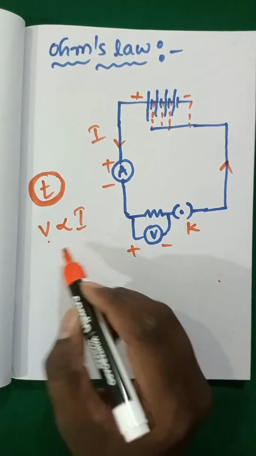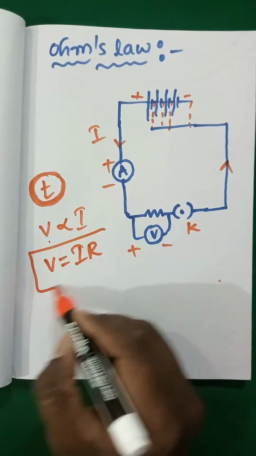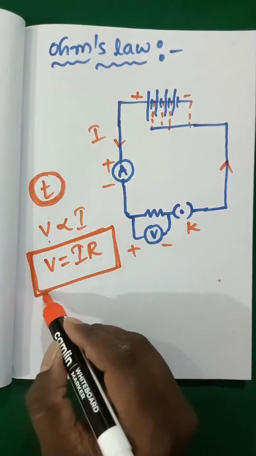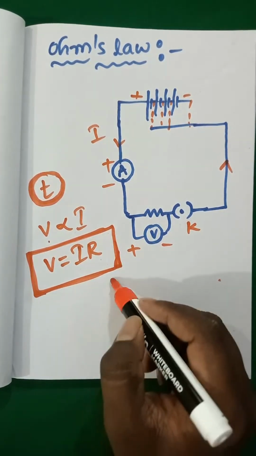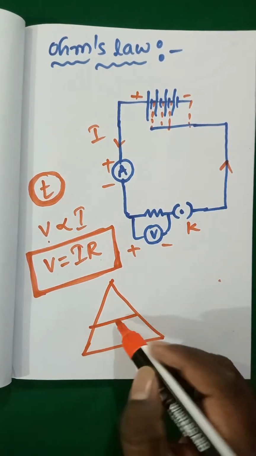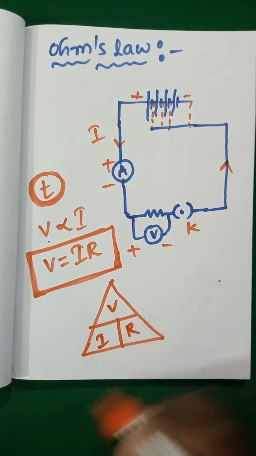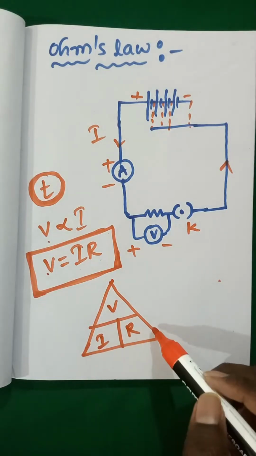V is directly proportional to I, so V equal to IR. Very important formula, so make a note of it. Like this also we can take V equal to IR, so here multiplication comes.